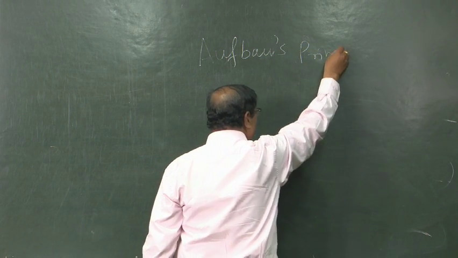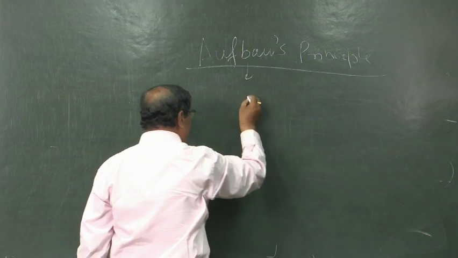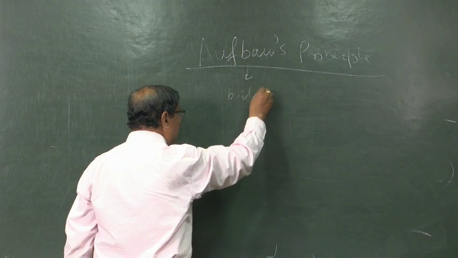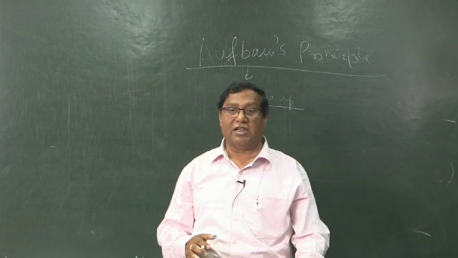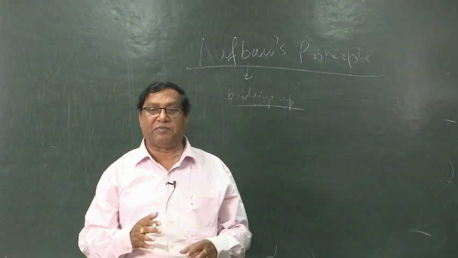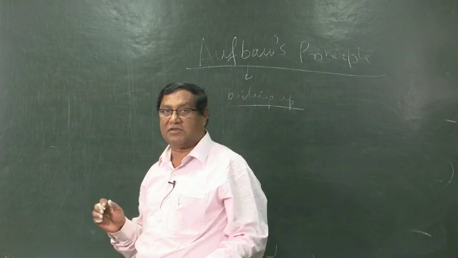Aufbau is a German word. What does it mean? Building up. How to build up electrons in an atom? The electrons are filled in the different orbitals according to increasing energy levels.